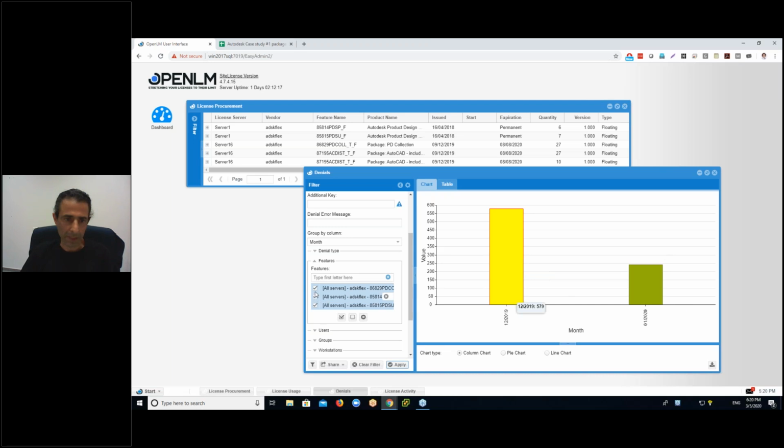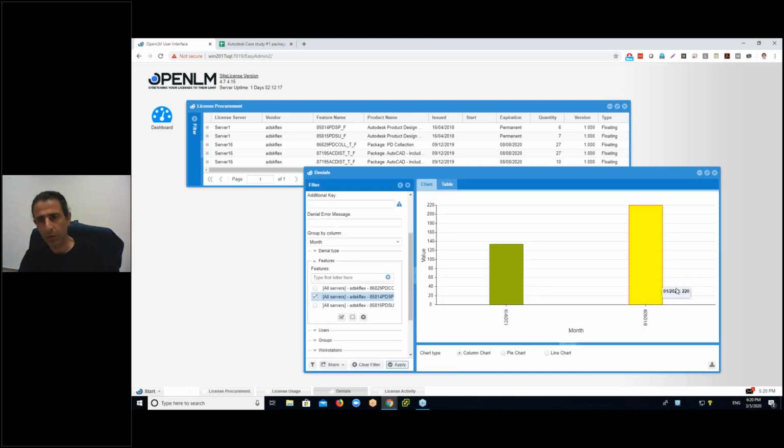If I leave only the ultimate, you see quite a lot of denials for a small number of licenses. Why do I show it? To see that we're talking about licenses that are utilized in a significant way.